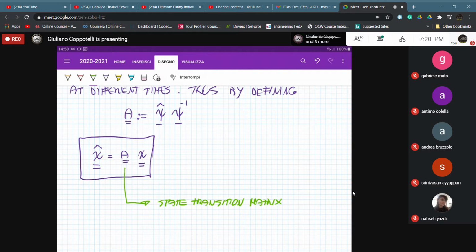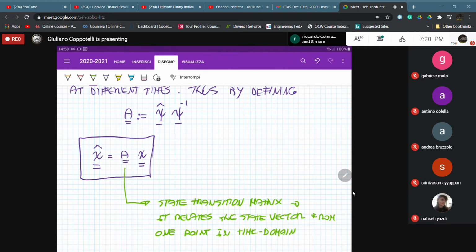So the state transition matrix relates the state vector from one point in the time domain, of course, to the next one, actually.